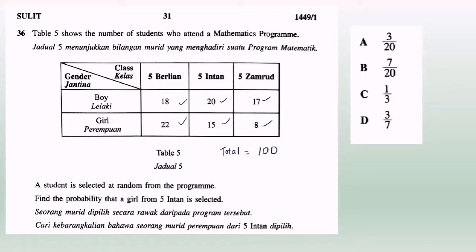Then you want to find that a girl from 5 Intern is selected. So 5 Intern we have 15 girls. So the probability is 15 over 100. So when you simplify it, it is 3 over 20. So the answer is A.